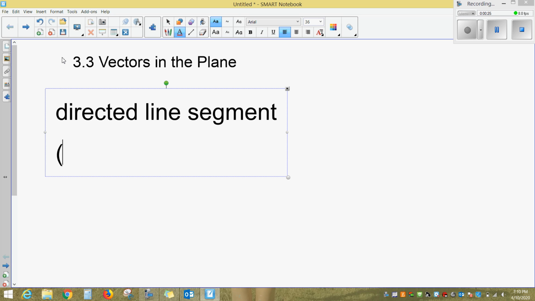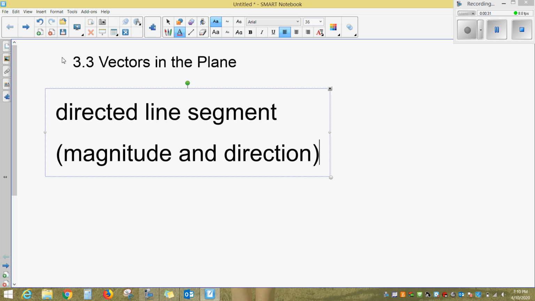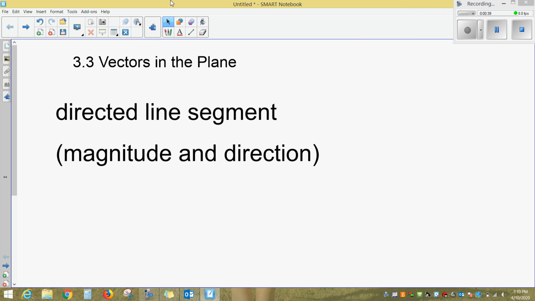It tells us magnitude and direction that we're working with in our situation, whether we're talking about a force, or the trajectory of a projectile, whatever the case may be.